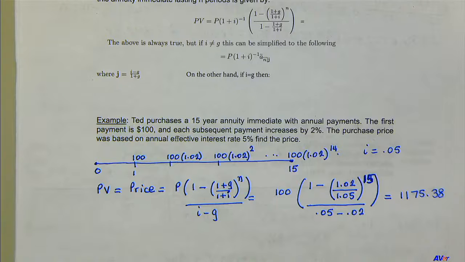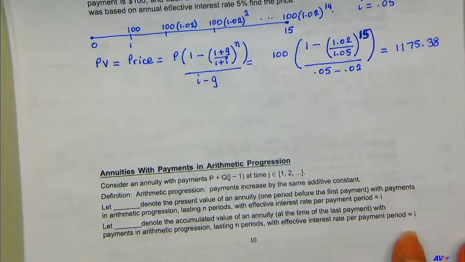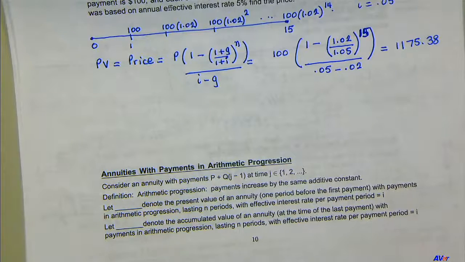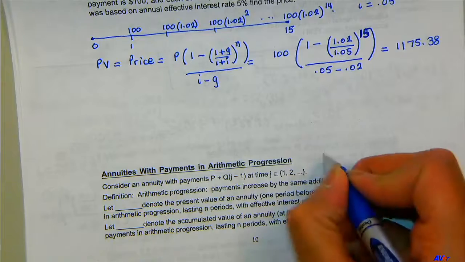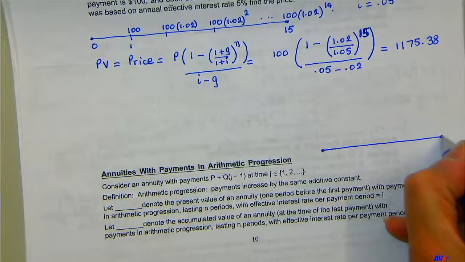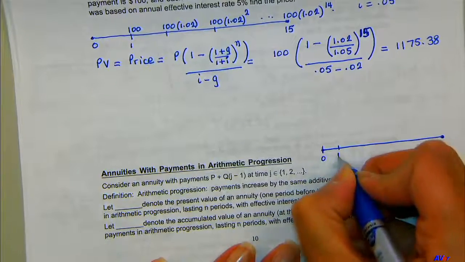Okay. The next one is annuities with payments in arithmetic progression. So it says, consider an annuity with payments P plus Q(j minus 1) at time j. Let's draw a timeline so you can see immediately what I'm talking about. 0, 1.